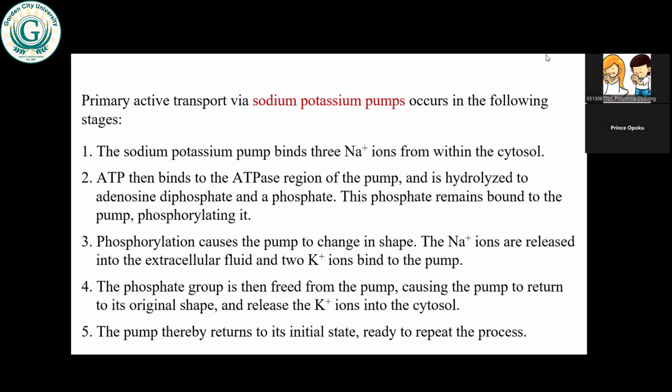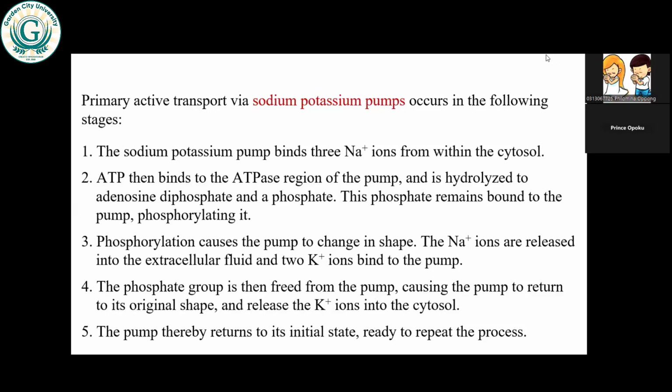But that doesn't mean we don't have some amount of sodium inside the cell, and also potassium on the other side of the cell membrane, in the extracellular compartment. So for balance to be maintained, sodium will have to leave the ICF to the ECF, and some amount of potassium has to leave the ECF to the ICF.